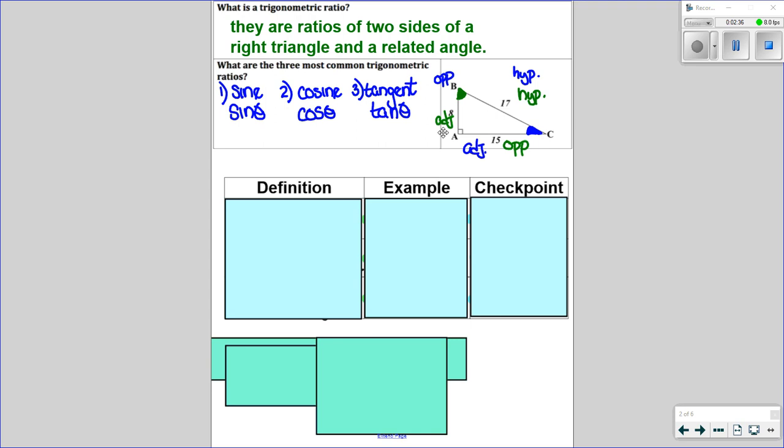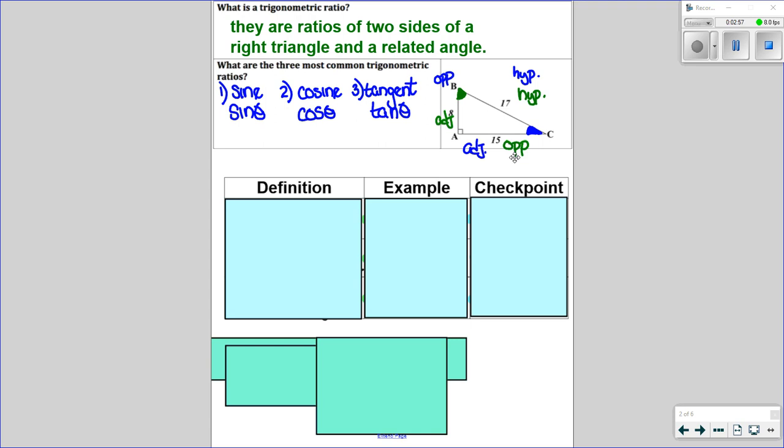Now, if you were to look at the B angle, the side that is next to it will be adjacent. So this side now, AB, is adjacent. And what's opposite is the 15, AC.